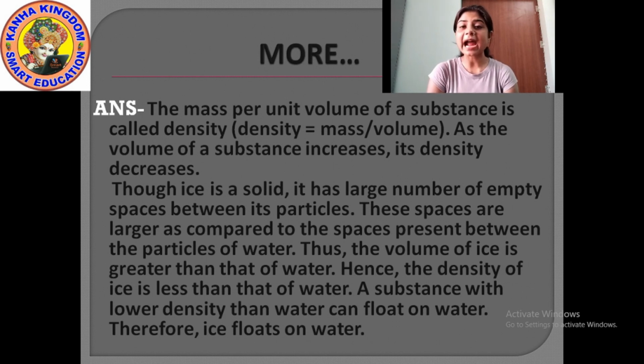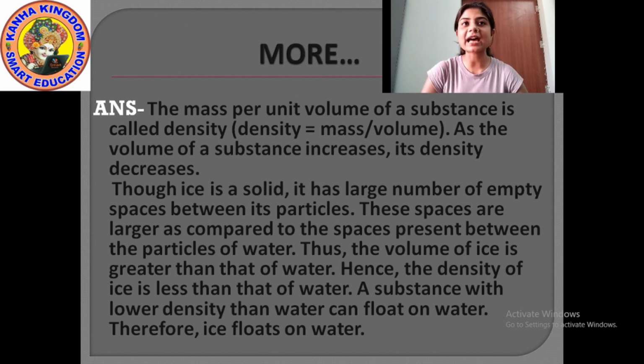If the volume of the ice is greater because it has many spaces to attract more particles, that is why the density of the ice decreases. A substance with lower density than water can float on water. Therefore, ice floats on water.